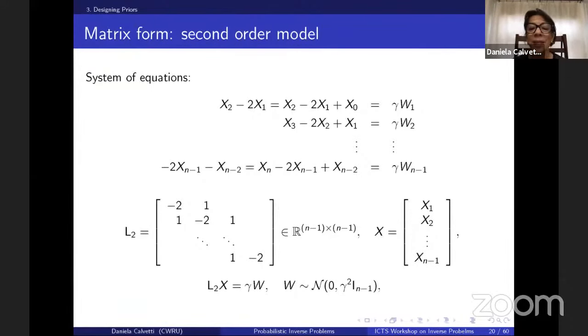And then again, I'm collecting all of the right-hand side into a vector, which is a scaled white noise. And I can write the prior, which is expressed in terms of the curvature, as saying that the matrix L2 times the vector X with the n minus 1 components is going to be equal to gamma times W here.